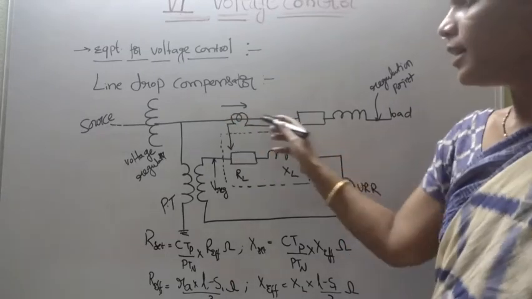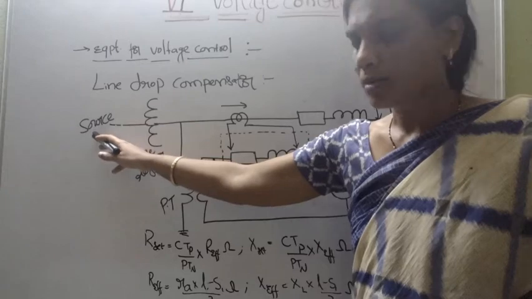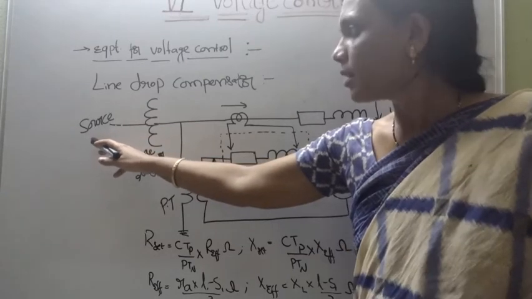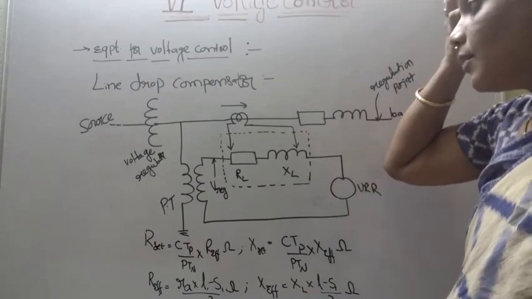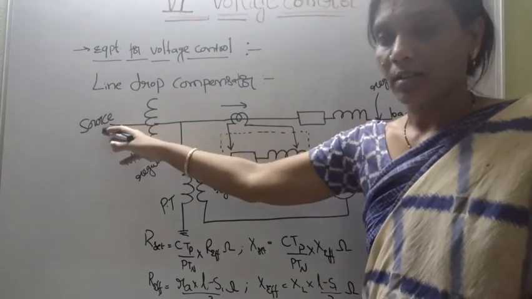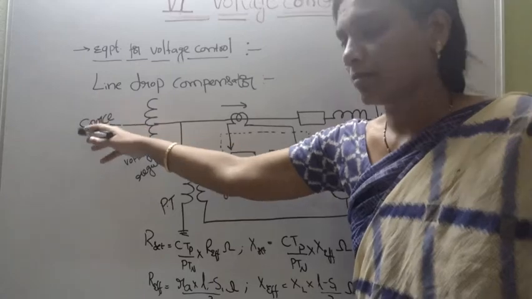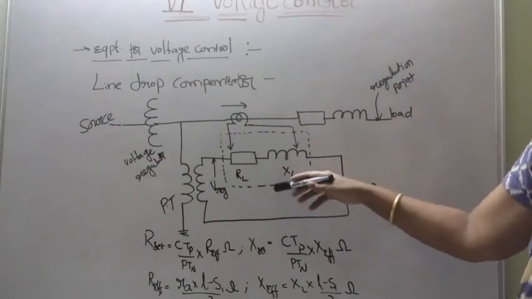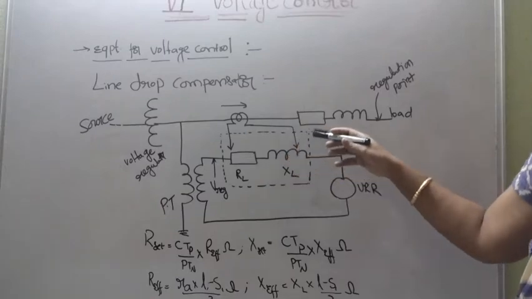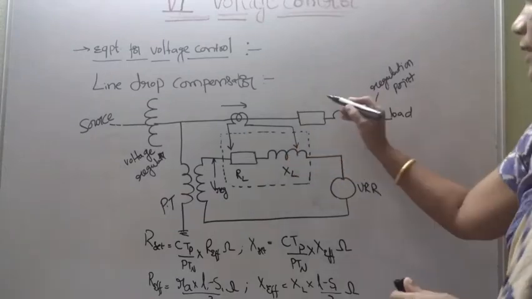Just see, this is a feeder, this is a substation source, and this is the voltage regulator. Here the feeder comes from the power station. Here we connect the LDC, line drop compensator.